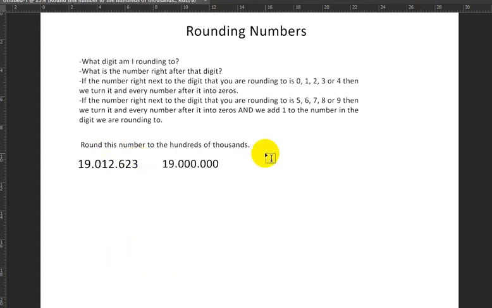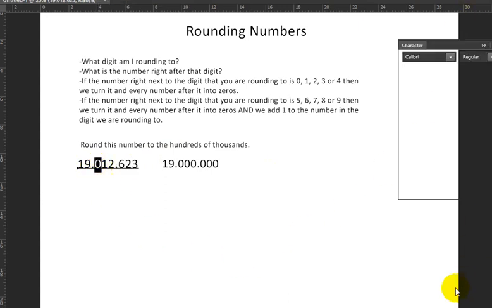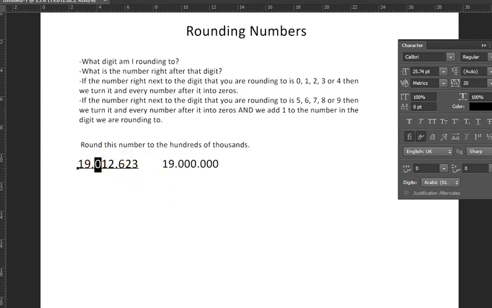Now, what that means is that I am rounding to this right here, right? These are the hundreds of thousands. I'm going to underline. Come on, why didn't you underline?